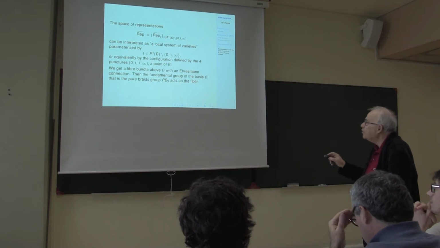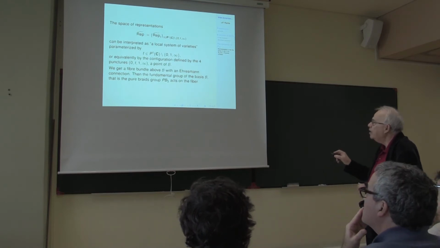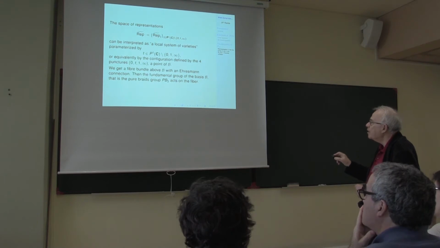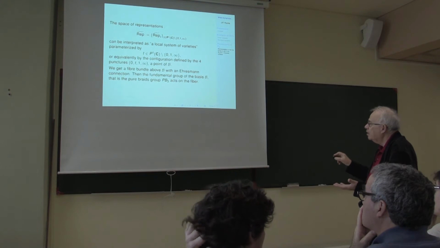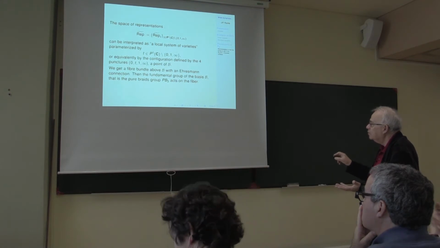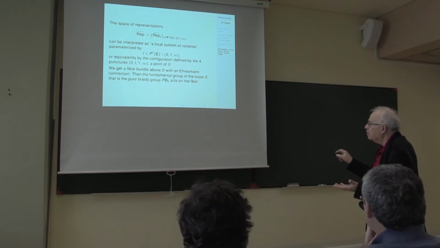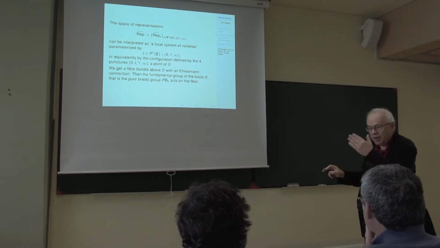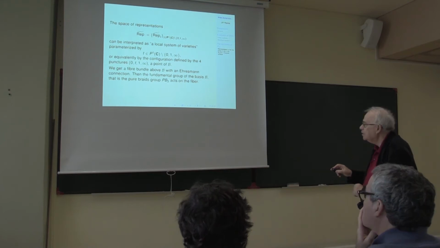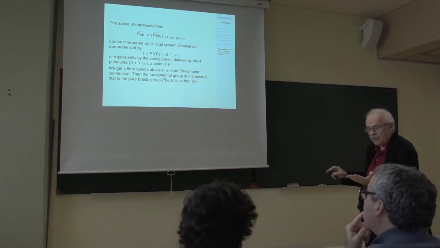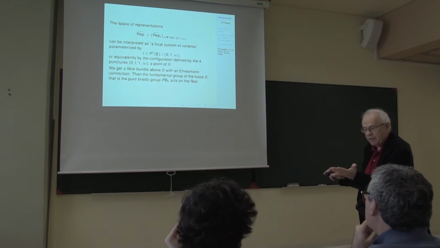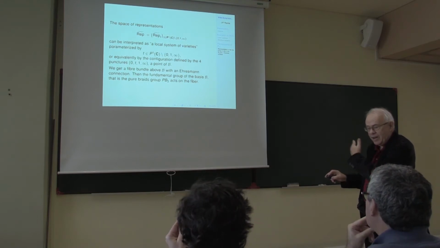And now I return to the space of representations. It can be interpreted as a local system above a base of braids. So if you look at the fundamental group of the base, it will operate on the fiber, it will operate on the cubic surface. This is an interpretation of the dynamic of the Painlevé equation on the right side of the Riemann-Hilbert map.